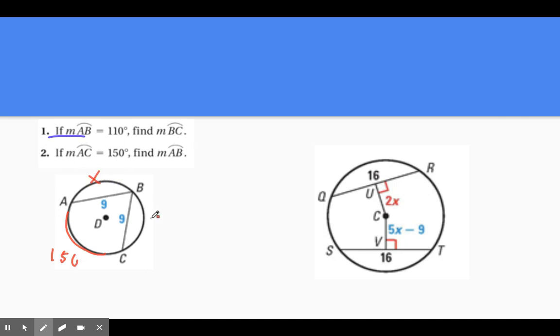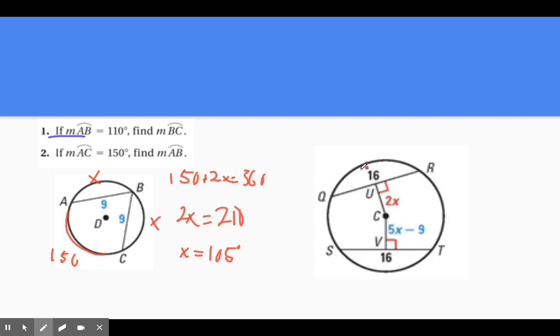Well, we know that those are congruent, so if that's x, that's also x, and we know that all three of those have to add up to give you 360. So we end up with 150 plus 2x equals 360. 360 minus 150 gives you 2x equals 210. Divide both sides by 2, x is equal to 105. And then you can double check: 105 plus 105 plus 150 does add up to 360 degrees.